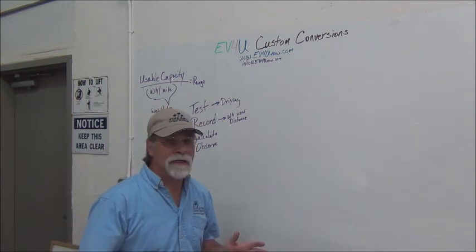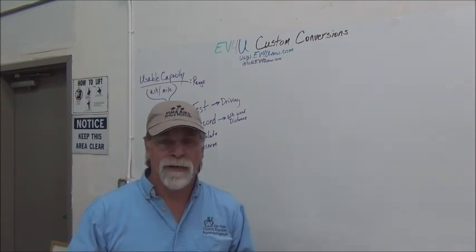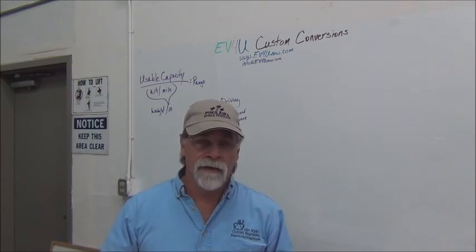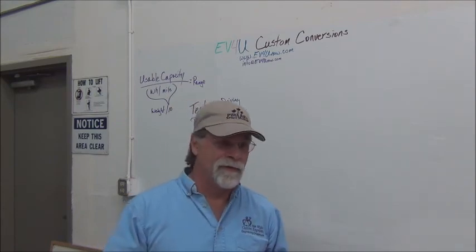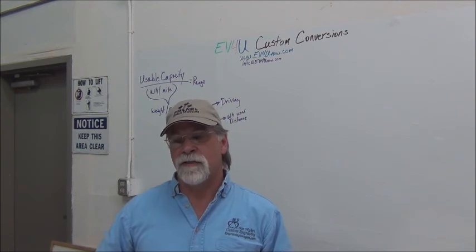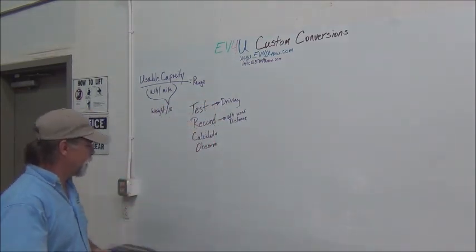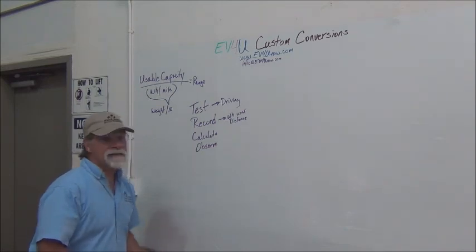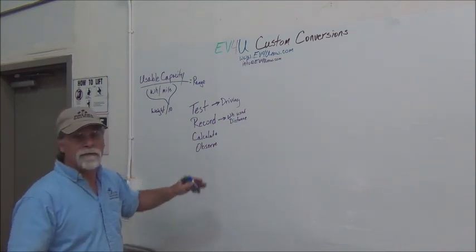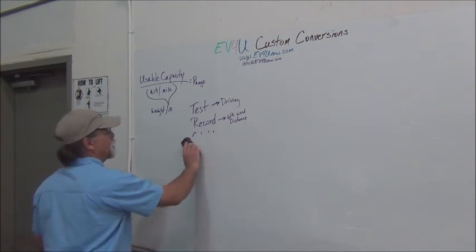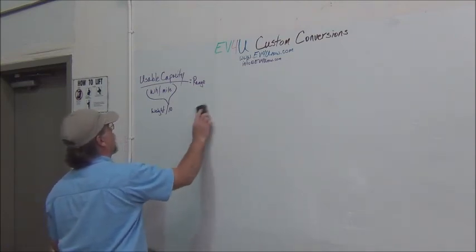And we originally were figuring it based on amp hours, and so we had to calculate the amp hours used into watt hours used. And so, like I said, by testing, recording, calculating, and observing, we came up with the formula.